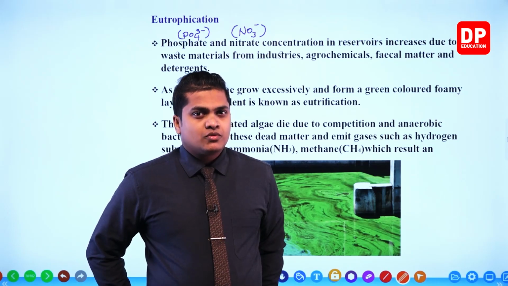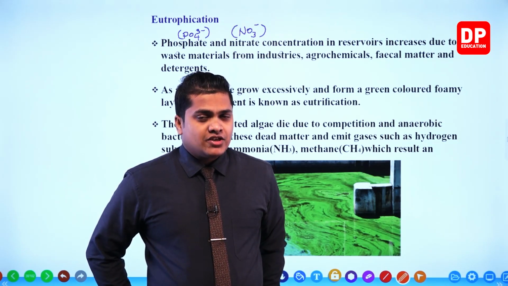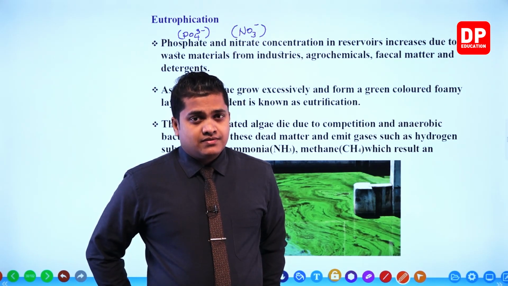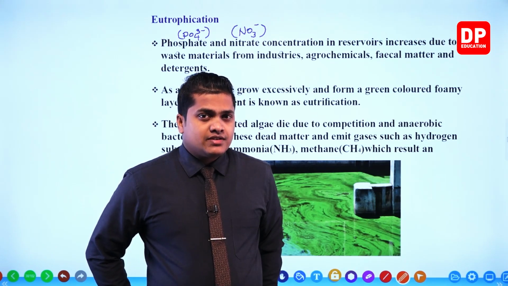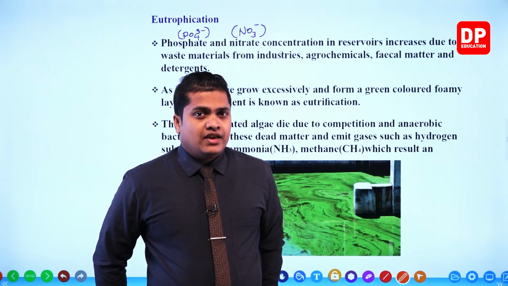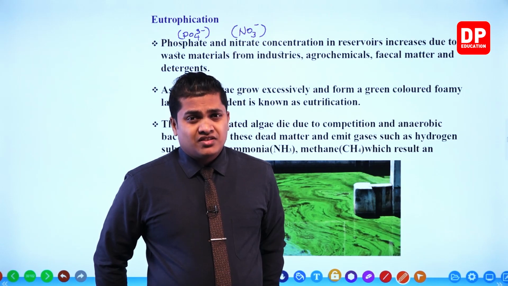Even in Sri Lanka we can observe this, right? So this process, this creation of green colored reservoirs because of the excessive growth of algae, is referred to as eutrophication. So a eutrophicated reservoir is going to emit a heavy amount of different kinds of gases which give out a very pungent smell.